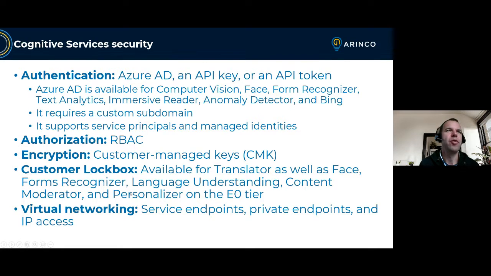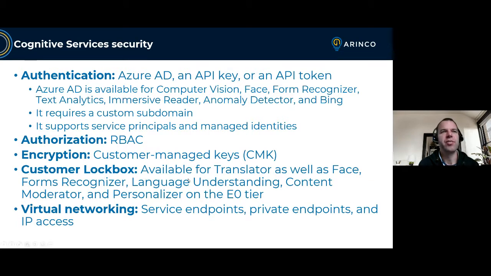Again, furthermore, the data that is managed by those cognitive services, or a subset of them, are also enabled for a little known feature called customer lockbox. And what this supports is the ability for you to lock access to the data that's been managed in your Azure Cognitive Service deployments. Basically lock it until you approve an access request by a Microsoft engineer to that data as part of maybe a support triage or process.